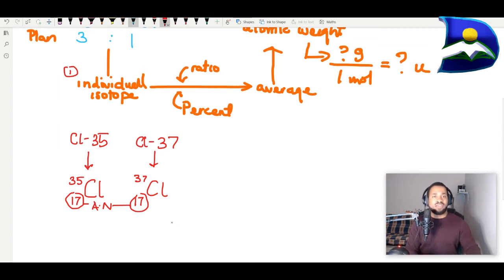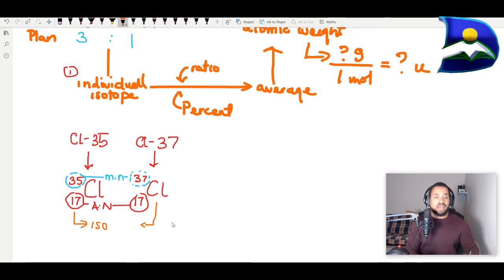However, 37 and 35 are different in terms of the mass number. This mass number difference with the same atomic number leads us to the conclusion that both of them are called isotopes.